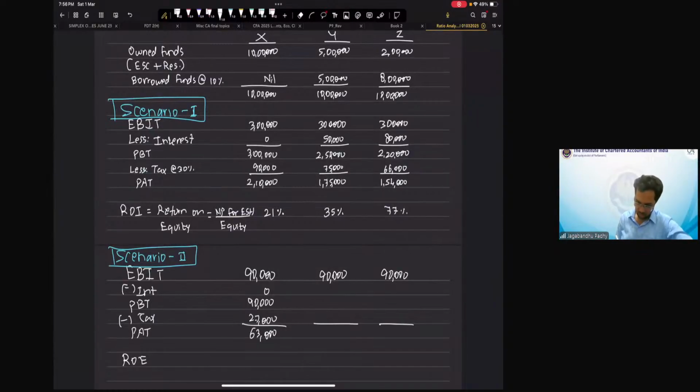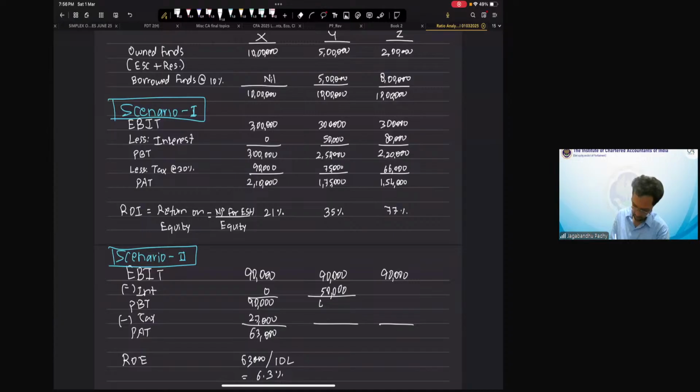So here return on equity is going to be 63,000 on 10 lakh, which is 6.3%. Same way, get me the return on equity numbers for companies Y and Z. For company Y, there is a debt for which you're paying interest of 50,000, right?